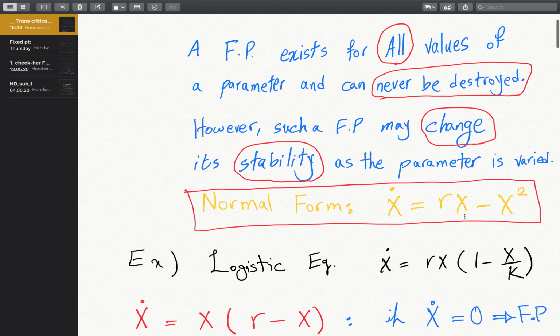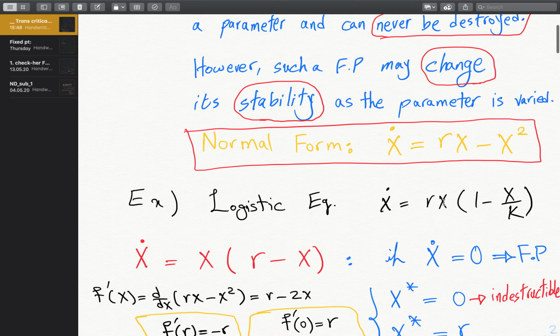But here you have rx minus x squared, with this x here. An example of it is the logistic equation that we talked about, which was x dot equal to rx times 1 minus x over k, which you can write as rx minus rx squared over k, right? So this is the normal form of it.